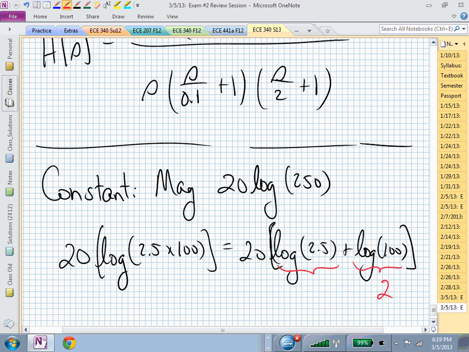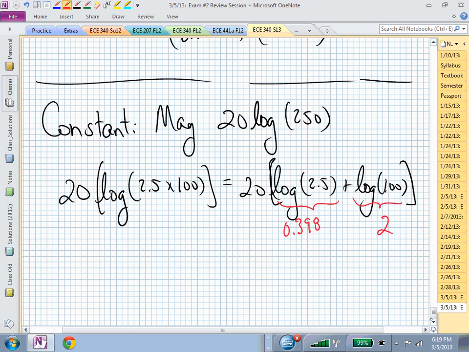Or the log of 2. It's between those, and I know where that is. Log of 2 is 0.3, and log of 3 is roughly 0.5. So I'm somewhere between 0.3 and 0.5 with this, and if you compute it, it's actually 0.398. So now you're at 2.4 times 20.